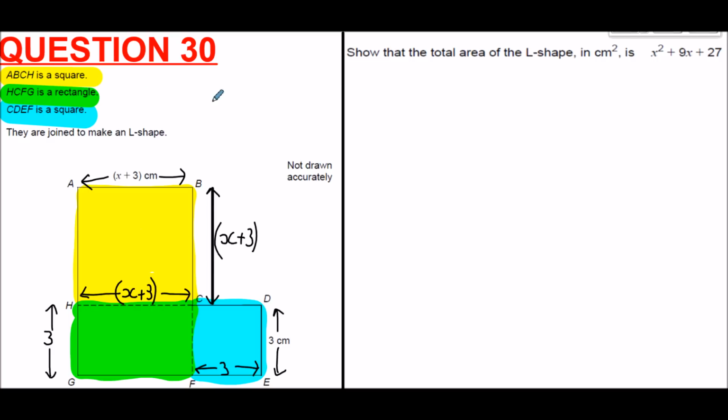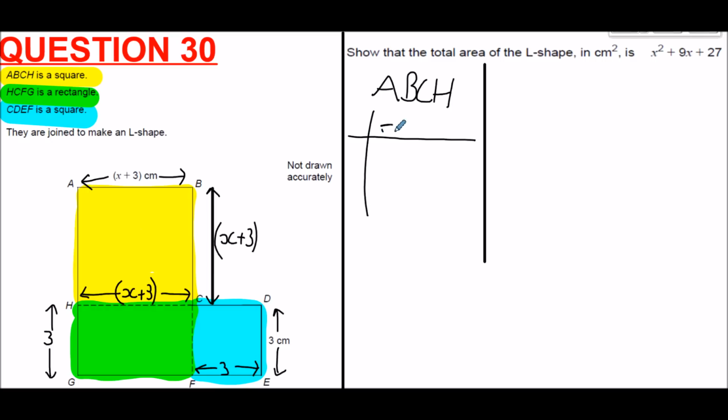And so the area for ABCH first of all is going to be the length times the width. But for a square, the length and the width are the same thing. So for ABCH, the length is x plus 3, and the width is also x plus 3.